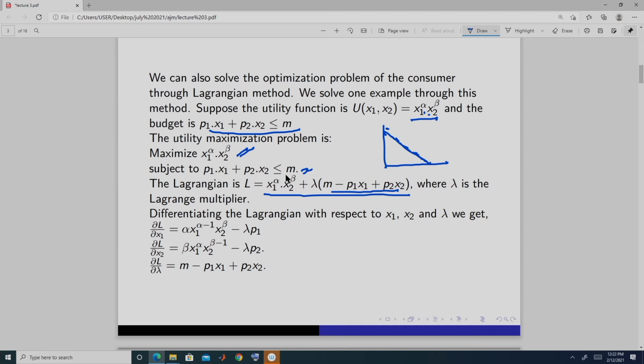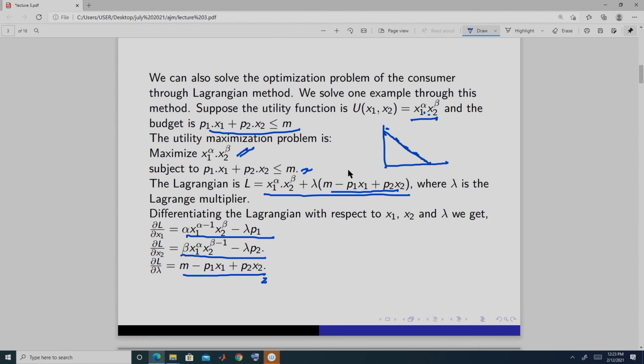So we set up the Lagrangian in this form, and since it is differentiable, we optimize it with respect to x1, x2 and lambda. When we take the first derivative of this Lagrangian with respect to x1, we get this term. With respect to x2 we get this term, and when we differentiate with respect to lambda we get this term.